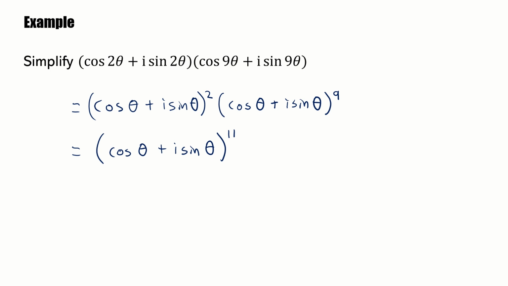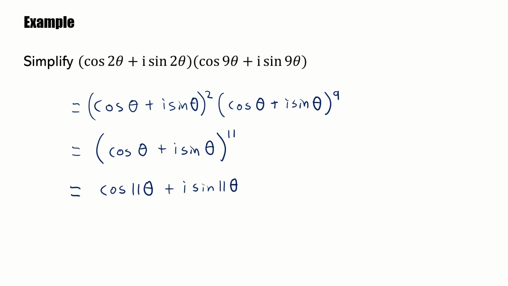Although we've already done a lot of simplifying, we can also choose to get rid of the brackets by reusing de Moivre's theorem again. If we move that power inside the trig functions again, we get cos of 11 theta plus i sine of 11 theta. And there you go, we've simplified it.